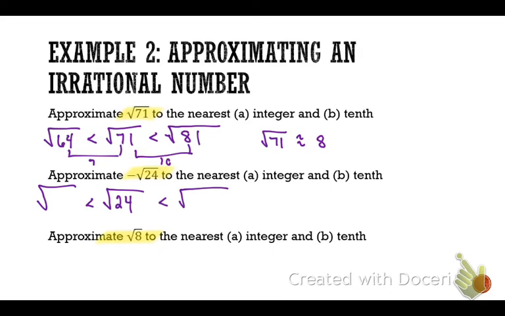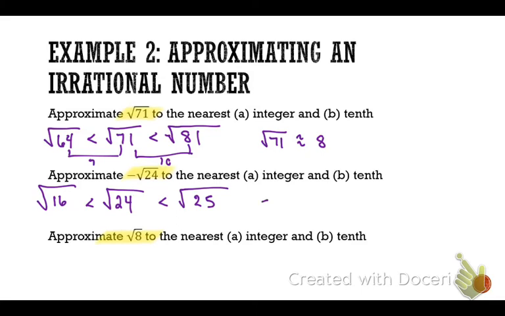What is the closest perfect square below 24? And what is the closest perfect square above 24? Go ahead and write it down. What is the closest square below 24? 16. What is the closest square above 24? 25. So which one is it definitely closest to? 25.